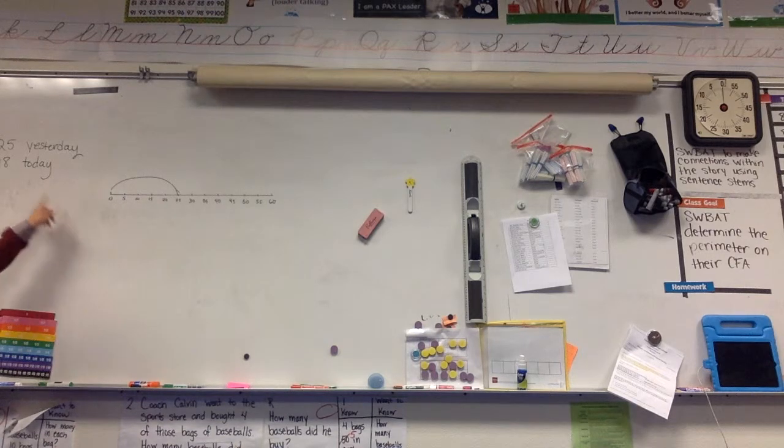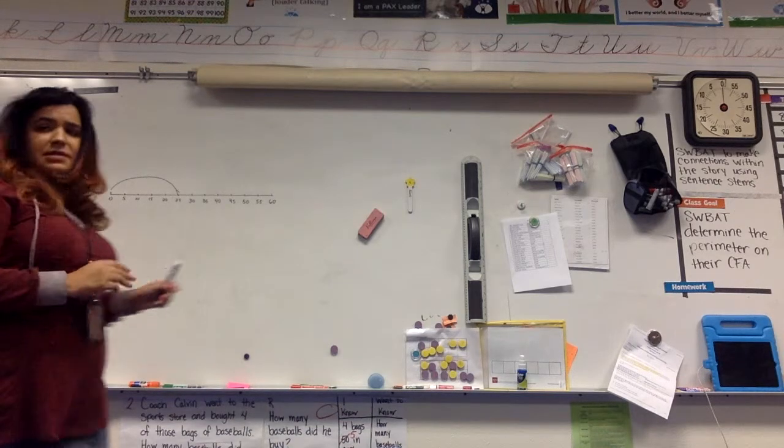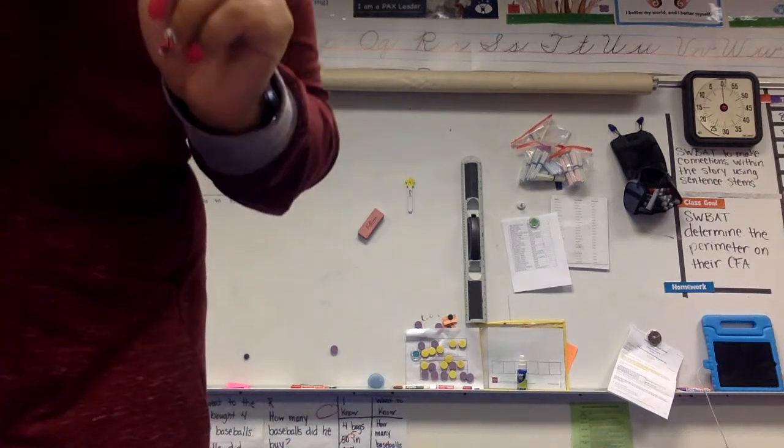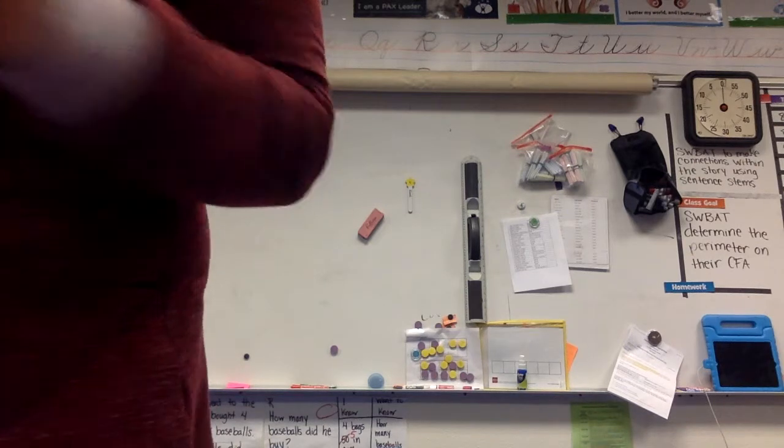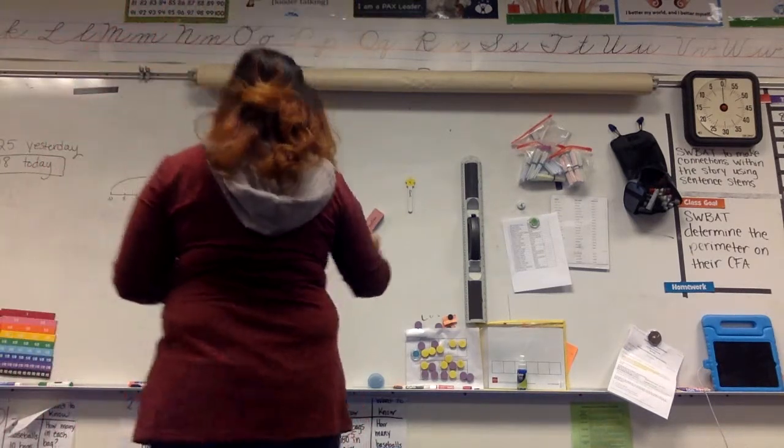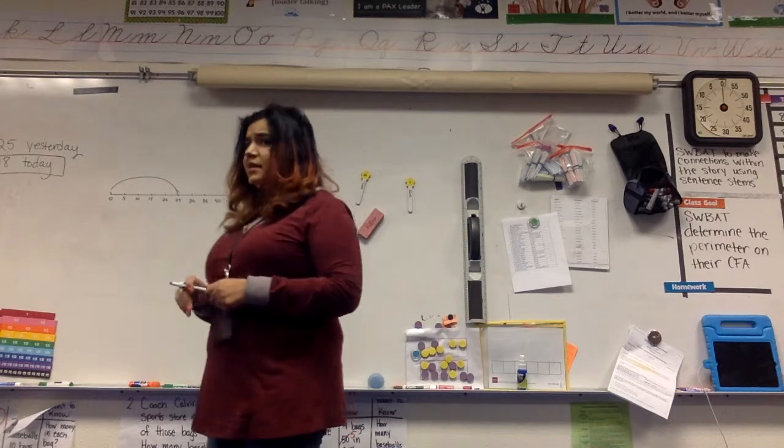All right. So then we're going to add the 28. This is what we need to add, how much he read today. So we're going to look at the 10s and we're going to look at the 1s. Okay, how many 10s? Carter, how many 10s are in that 28?